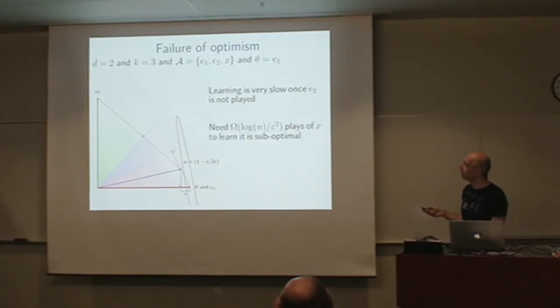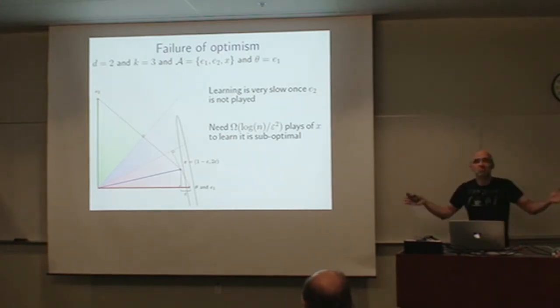And what happens is that you're going to need log n divided by epsilon squared, where epsilon is the scaling parameter, which is this gap between the payoff of the optimal and second best arm. You need this many pulls of x, this blue arm, to learn that it's suboptimal.